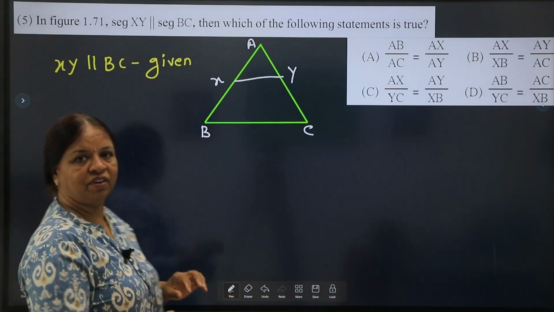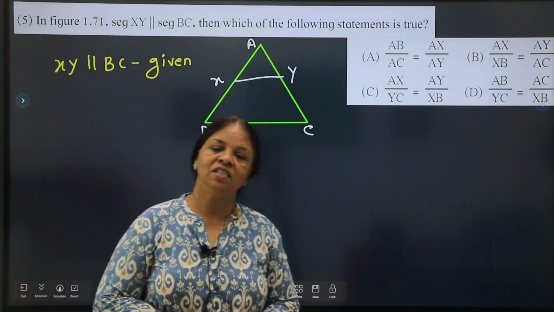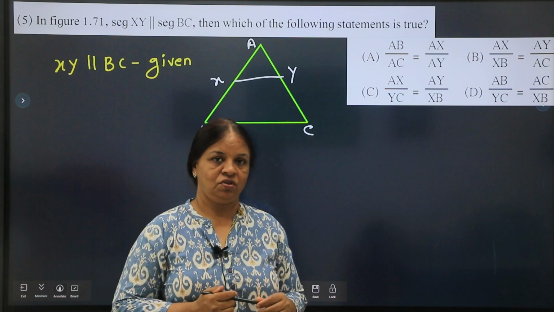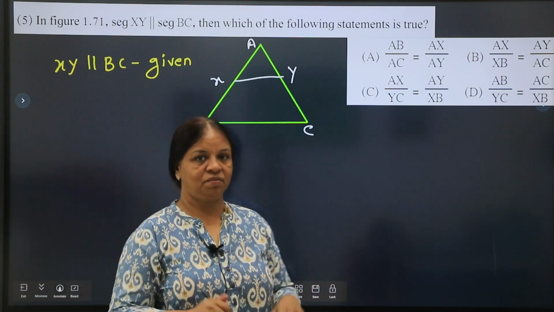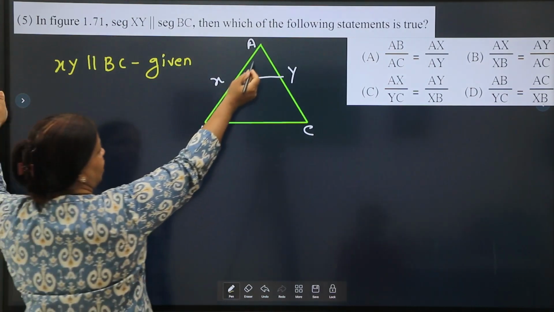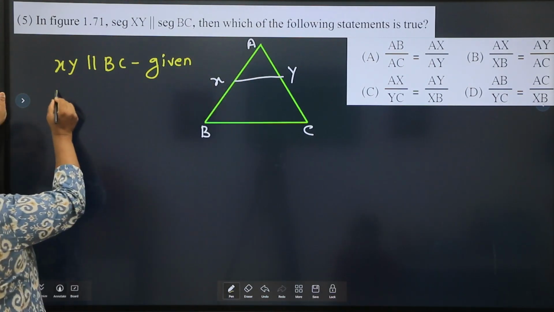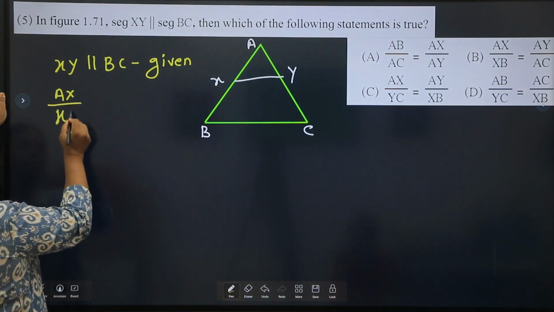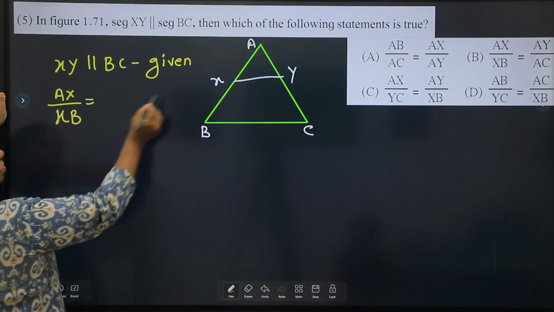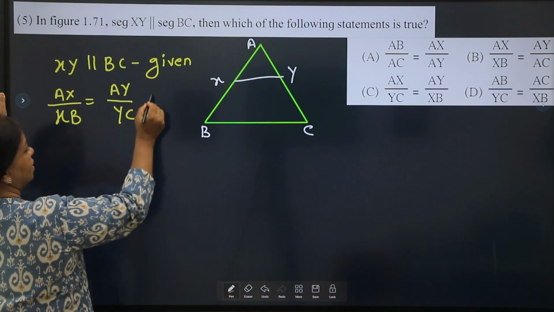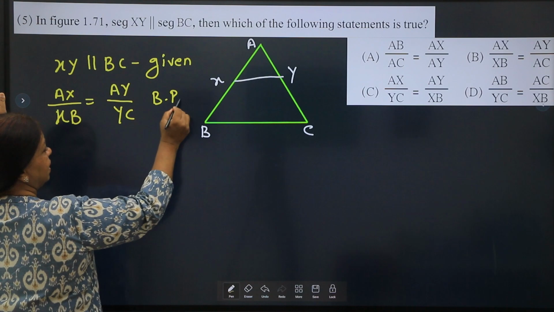And we know children, when one line is parallel to the third side of the triangle, which theorem do we use? Yes, we use the BPT theorem. So we can use BPT: AX upon XB is equal to AY upon YC, and that is by BPT.